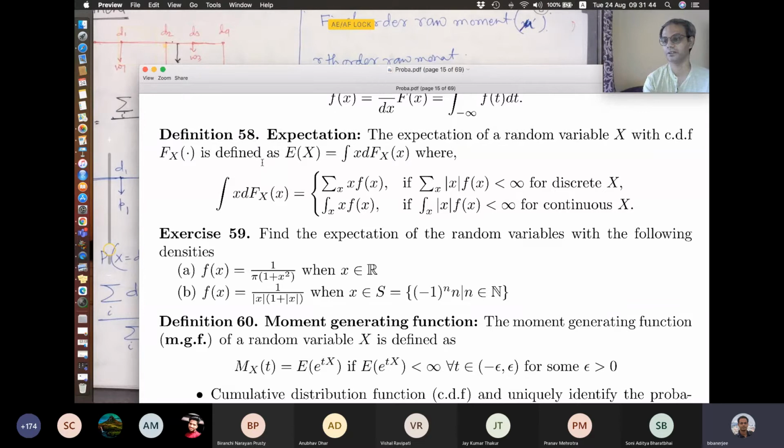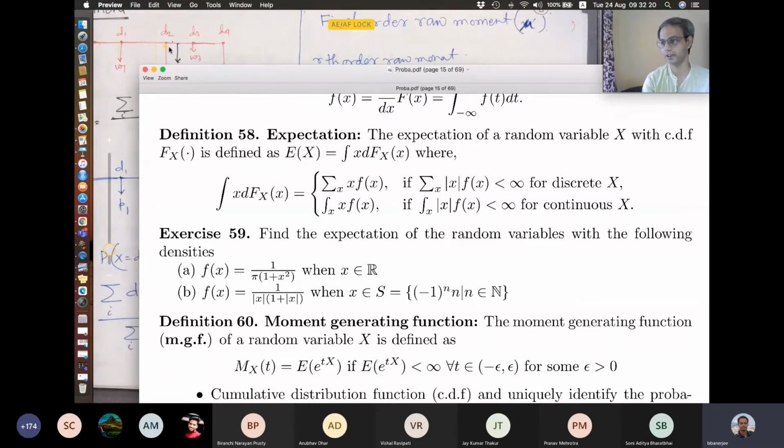But if it is conditionally summable but not absolutely summable, then you can rearrange the series or rearrange the integration in such a way that you can make it converge to some different points, or maybe you can make it divergent, or maybe you can make it inconclusive. So to avoid all those troubles, we first restrict to absolute summability. If absolute summability is ensured, then only we can define expectation.